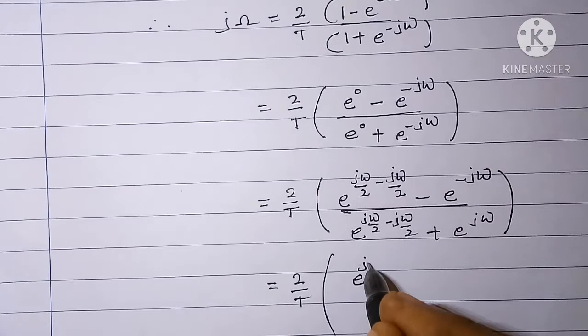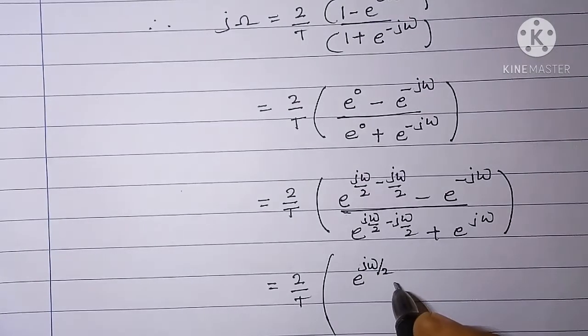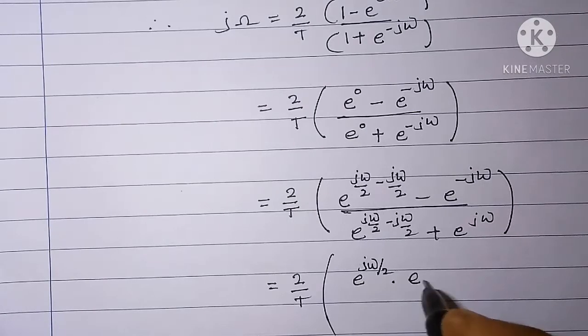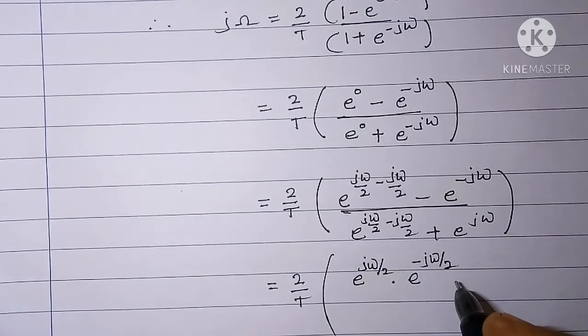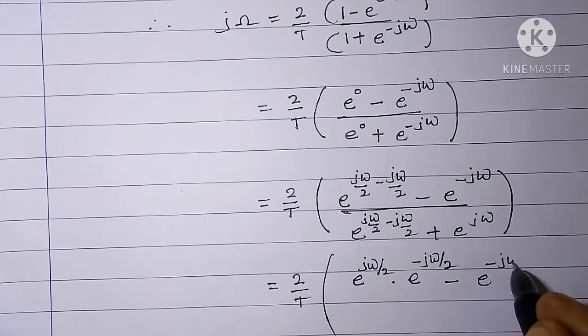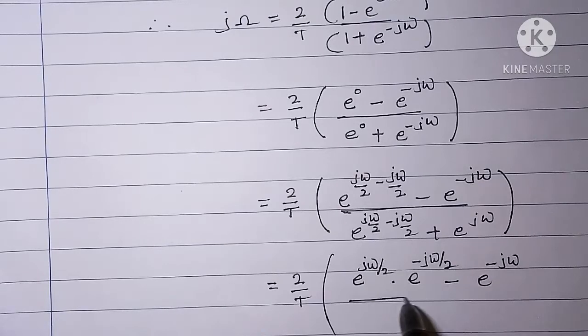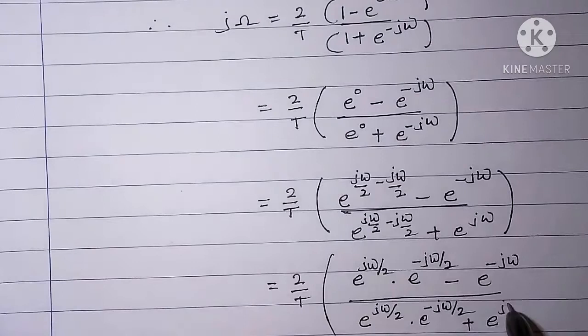That is e raised to j omega by 2 into e raised to minus j omega by 2 minus e raised to minus j omega, by e raised to j omega by 2 into e raised to minus j omega by 2 plus e raised to j omega.